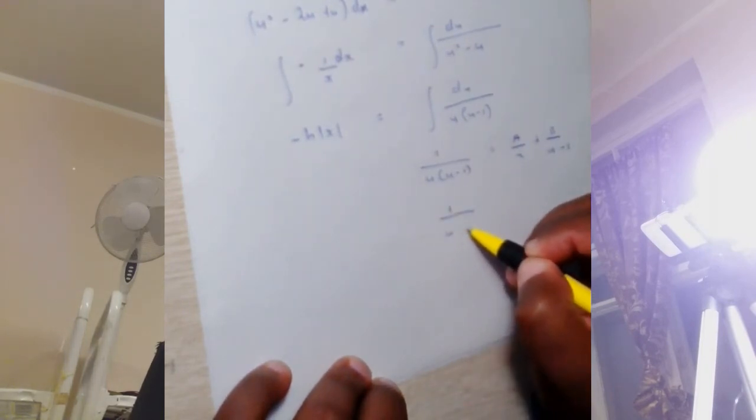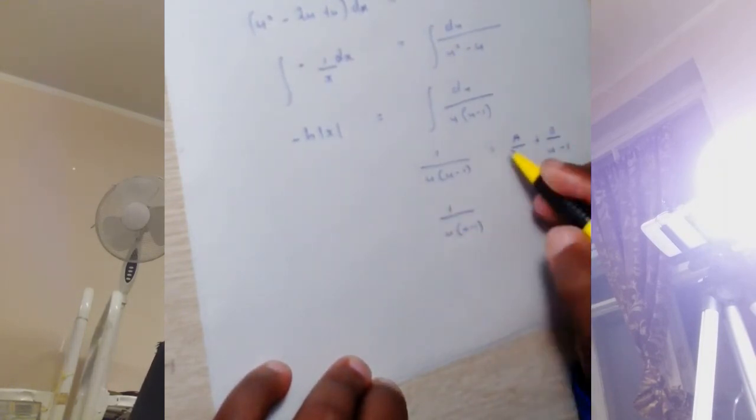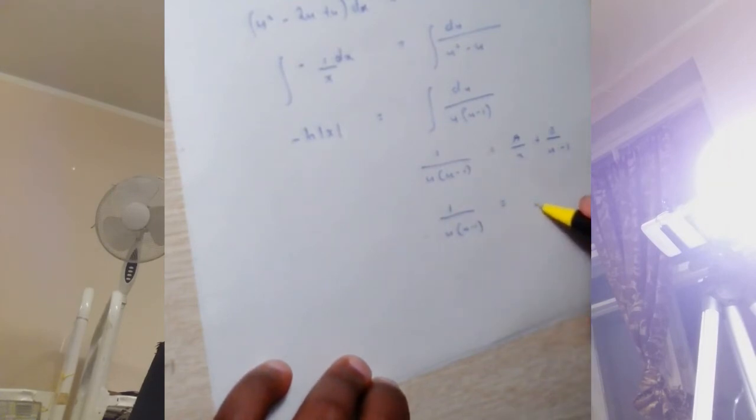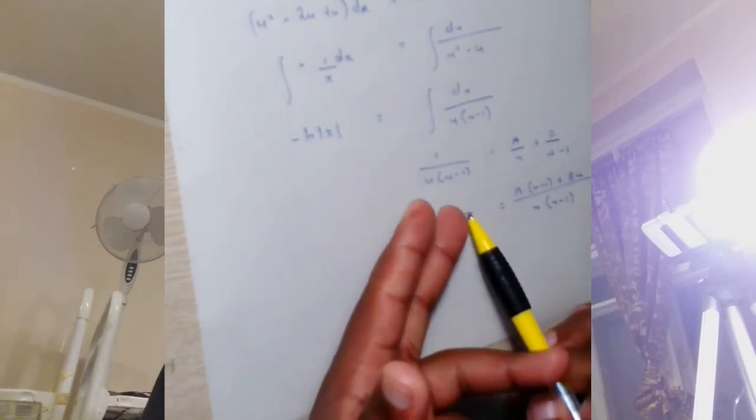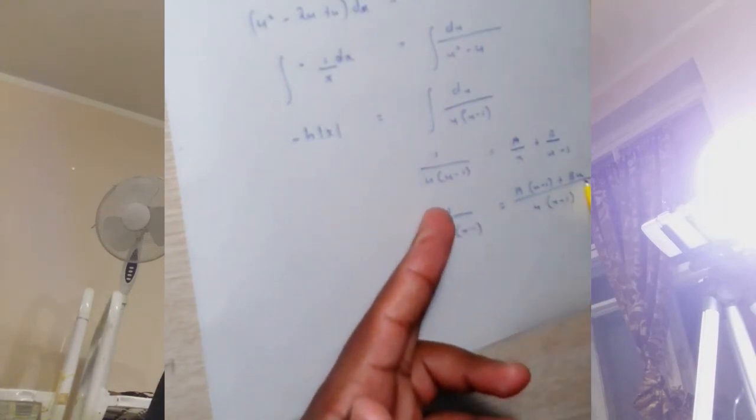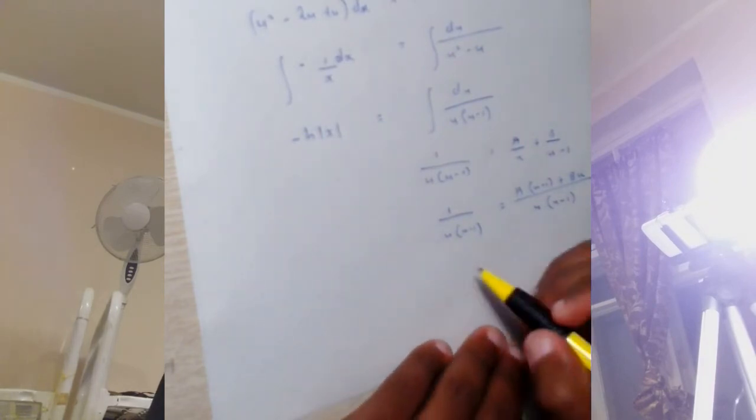I'll have 1 equal to, with u(u minus 1) as the common denominator, a into (u minus 1) plus b multiplied by u. So now the denominators are equal. I can equate the coefficients of the numerators to find the value of a and b.